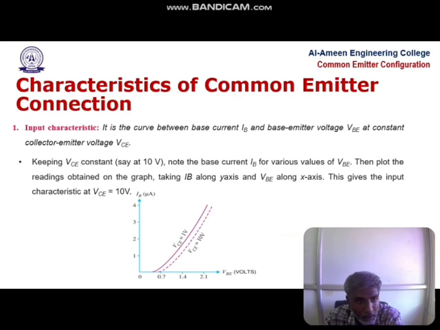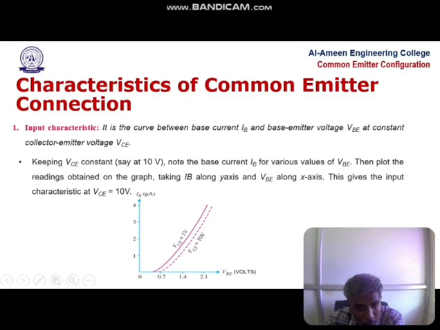This is the input characteristics. The input characteristics is a curve between the base current and the base emitter voltage, keeping the collector emitter voltage constant. In this input characteristics, we are keeping the collector emitter voltage constant. With that constant, we are going to measure the base current and the base emitter voltage.